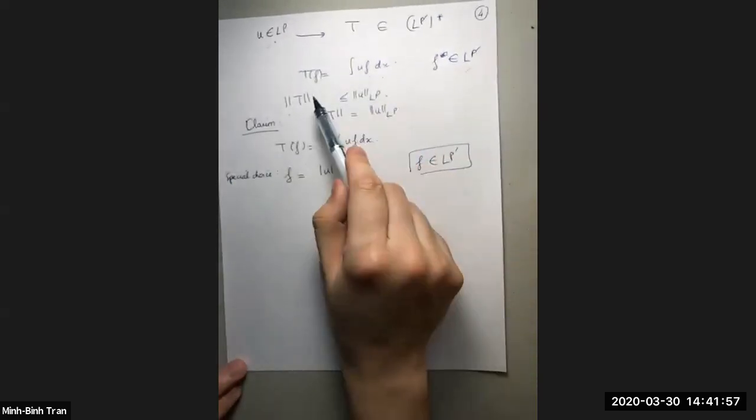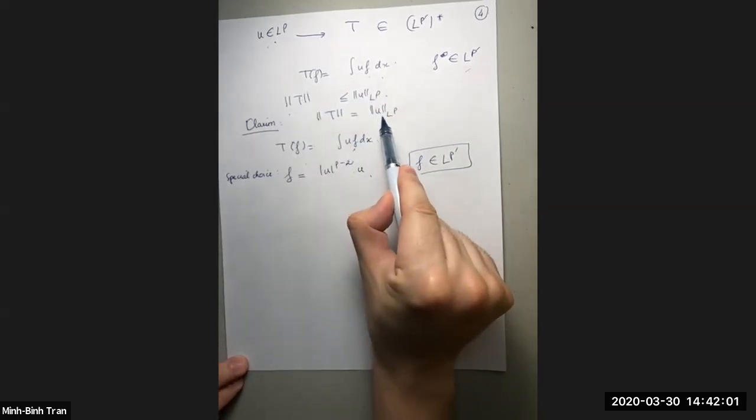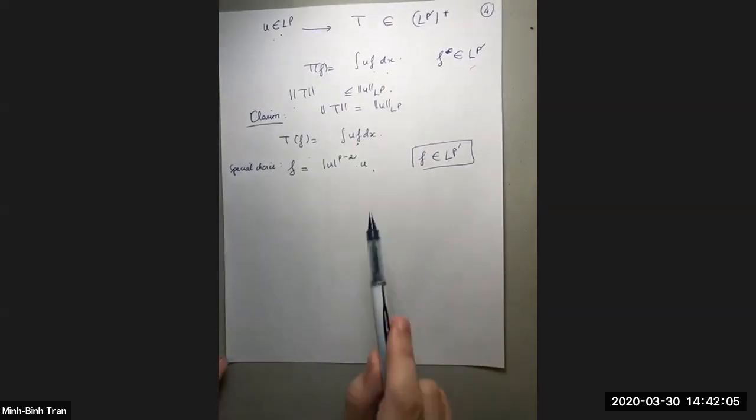Now, my claim will be that the norm of T will be the norm of u in L^p. This is surprising, but this is how we show this.